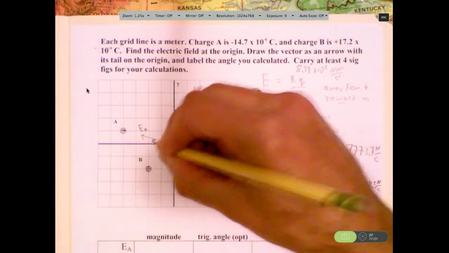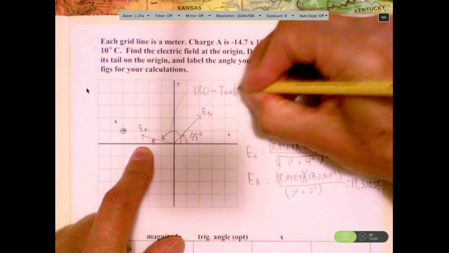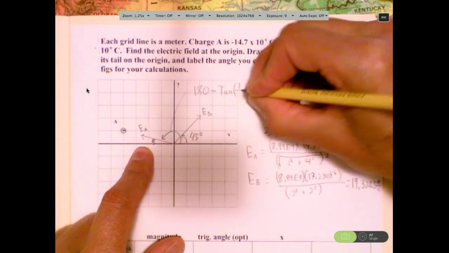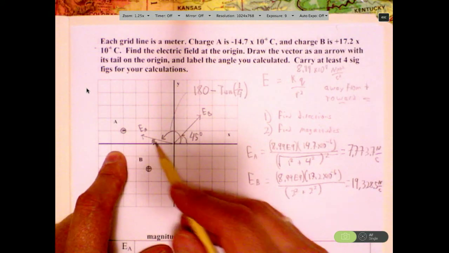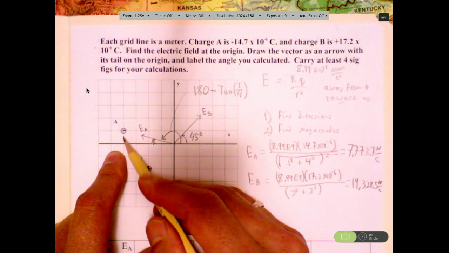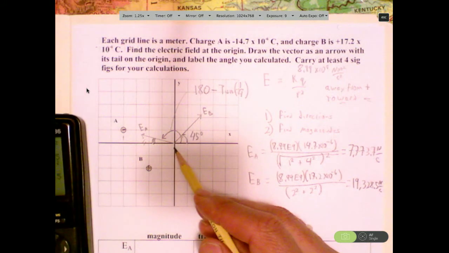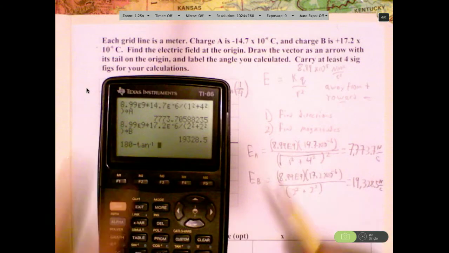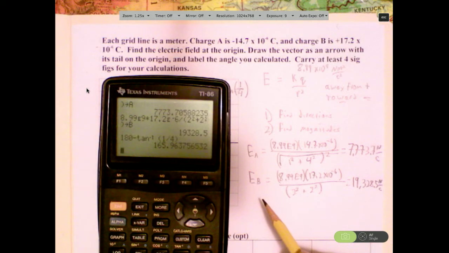That little angle is the inverse tan of opposite over adjacent. The opposite side is 1, the adjacent side is 4, so it's 1 over 4. So let's figure that out: 180 minus the inverse tan of 1 divided by 4. That's 165.96.